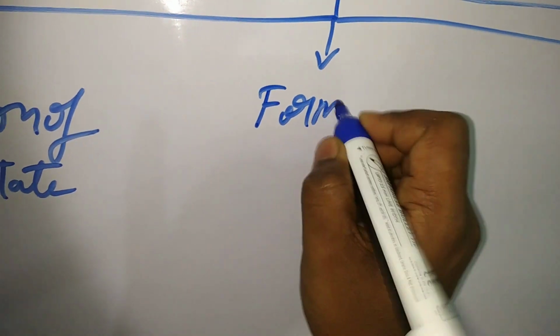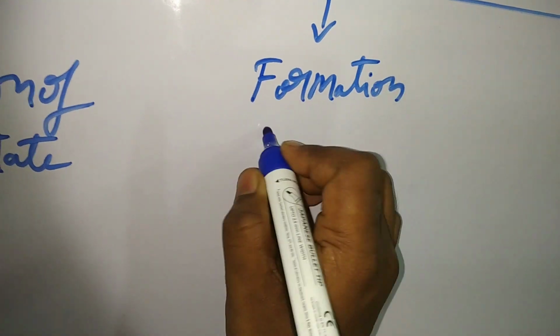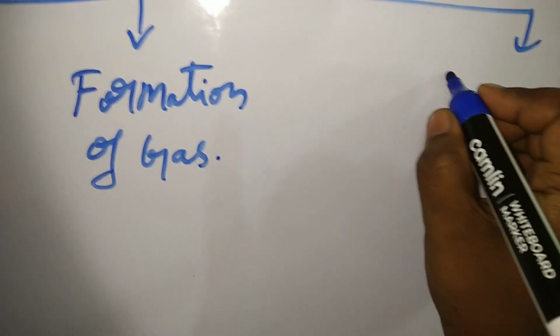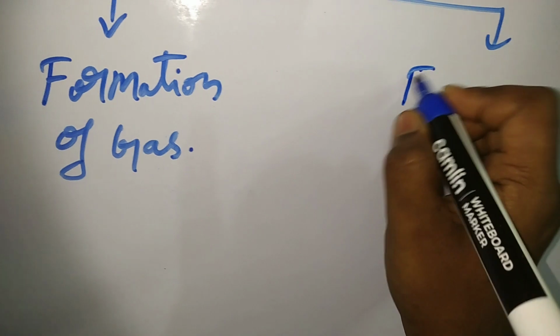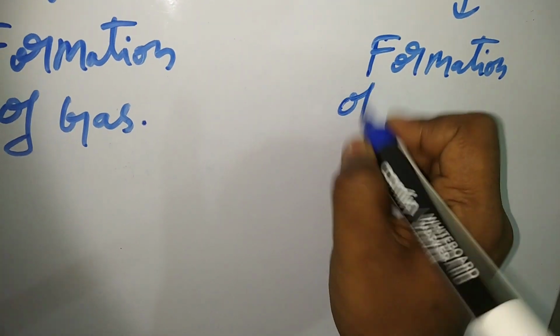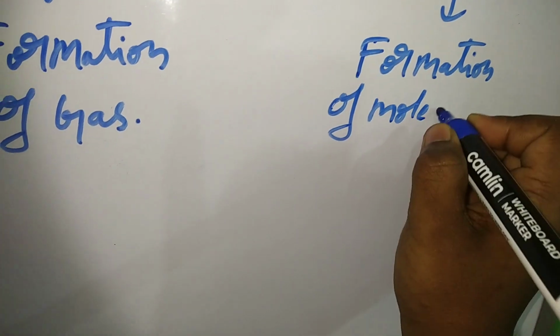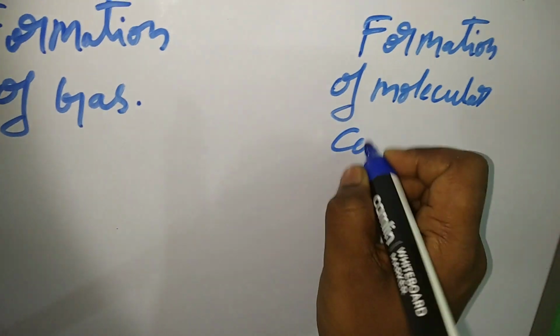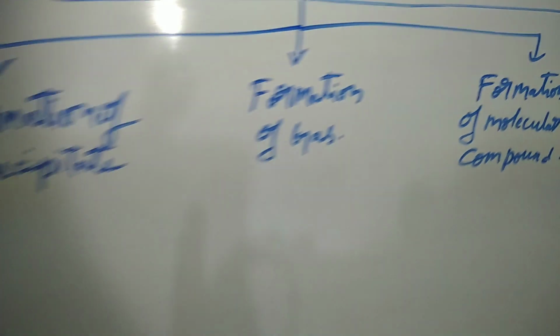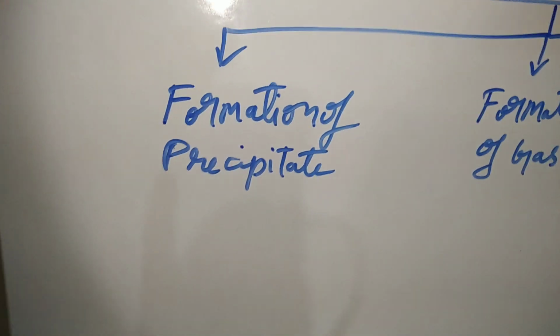Second one is formation of gas, and third one is formation of molecular compound. Now first one, formation of precipitate.